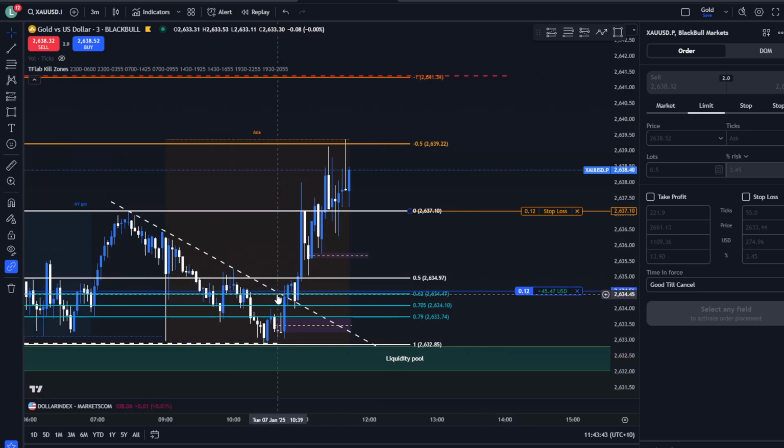But by taking partials, we were able to make sure that even though we were wrong on the original thesis, we now turned it into a winning trade. Actually, we weren't too wrong on the original thesis because it is still going up in our favor. But that is the essence of taking partials: if you are wrong, you still capture a profit.